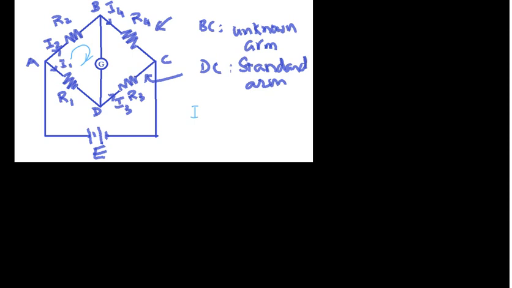That implies I1 R1 equal to I2 R2. This is nothing but I1 by I2 equal to R2 by R1. Understood this?